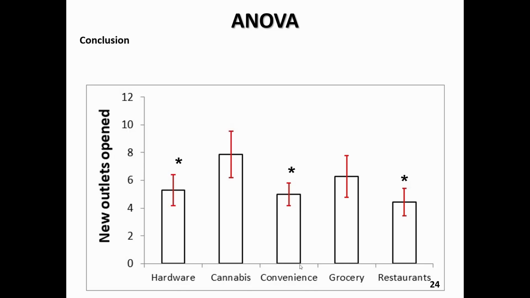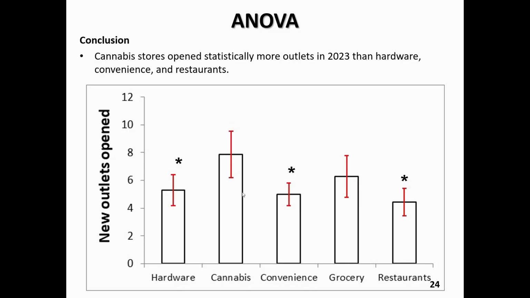And there are a couple of different ways of doing this, but as the researcher here, I decided to indicate this by group assignment. So now, in terms of our statistical analysis, we have to interpret the data, and the asterisks here indicate that these would be significantly different than the cannabis. So what we see here is that cannabis businesses opened statistically more outlets in 2023 than hardware, convenience stores, and restaurants.